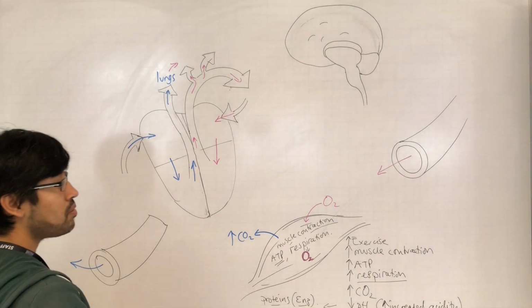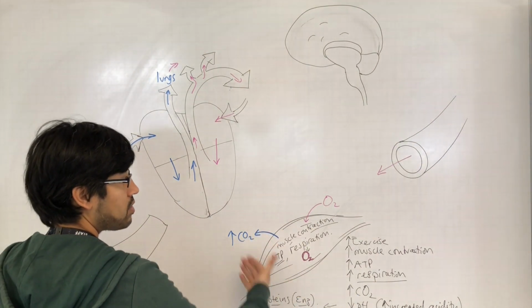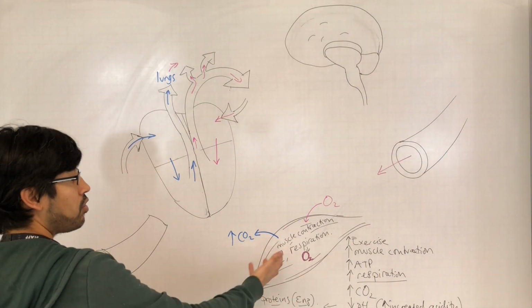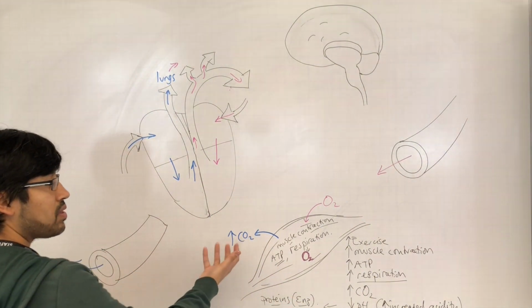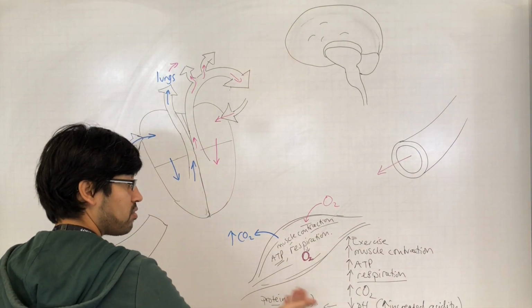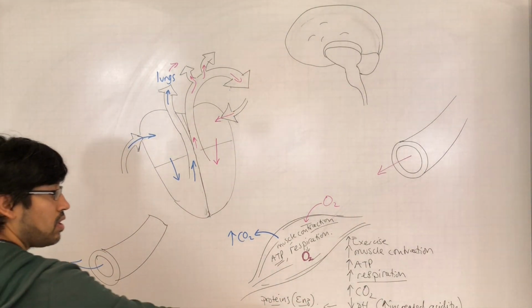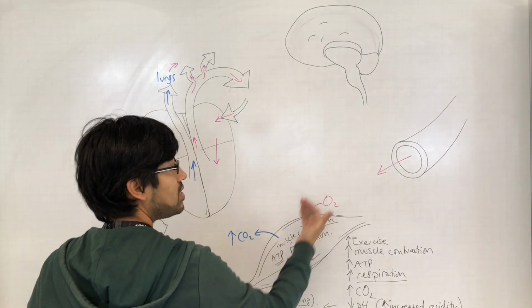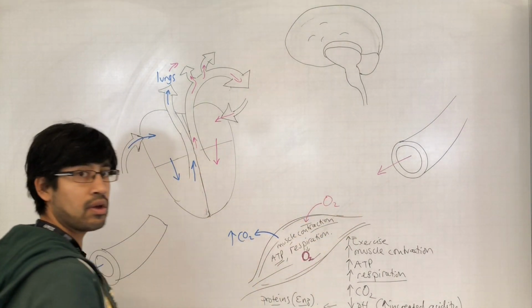At the same time, we want to ensure that as muscle contraction is increasing, not only are we making sure that we're not allowing the CO2 levels to build up and cause potential damage or loss of function to cells and organs via loss of function of proteins, we also want to ensure that we're continuing the supply of oxygen.